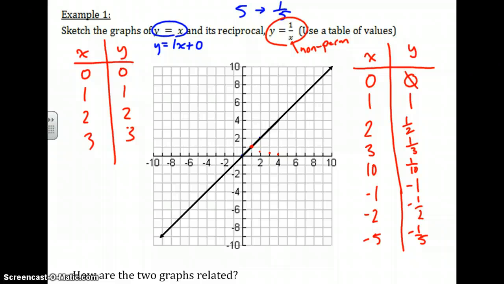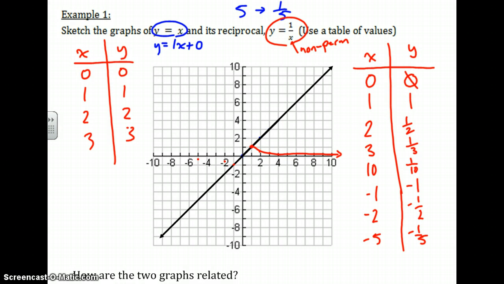We didn't have that one, but it would be (10, 1/10). Then we have these other ones here. -1 has a value of -1. -2 is -1/2. -5 is -1/5, something like that. So we're seeing something like this here.